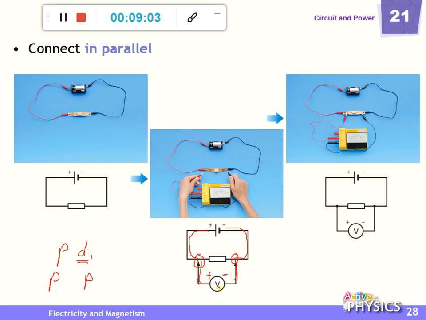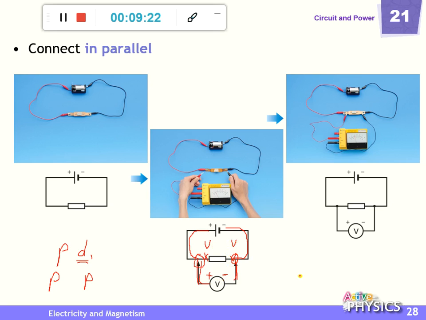This difference will be the potential drop, the reading of this voltmeter. Because we know that coming into the resistor, we have a higher voltage, and coming out of it, it is lower in potential. The voltmeter tries to find the difference between these two potentials.